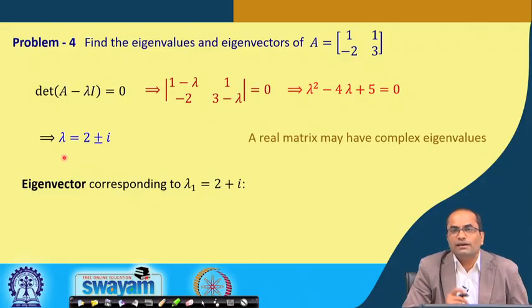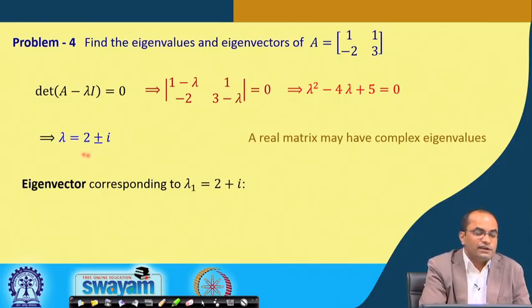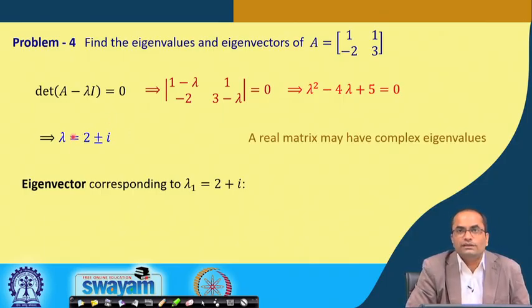We have one eigenvalue 2 plus i, another one is 2 minus i, and we will see later on that these eigenvalues will always appear in conjugate form, and not only that, we will have something more interesting for the eigenvectors corresponding to these conjugate eigenvalues.